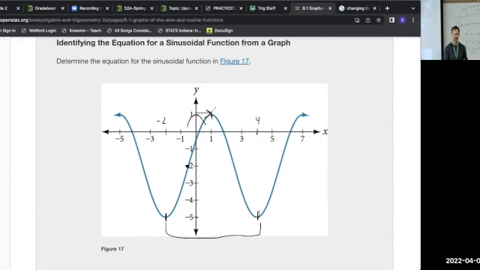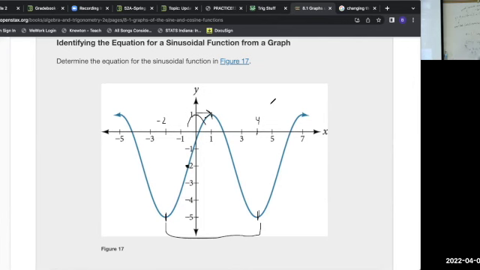Shift of 1 to the right means what's the operation happening inside? That inside is -1. All right, let's try it out.